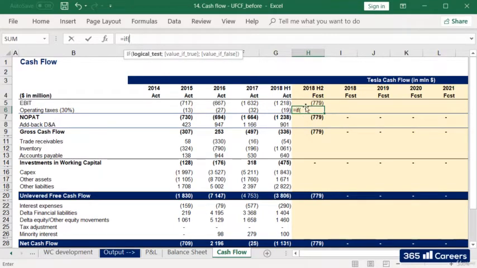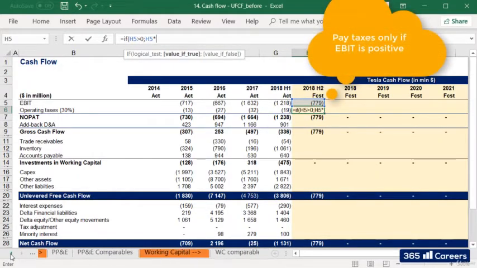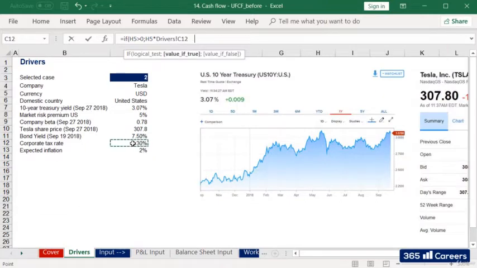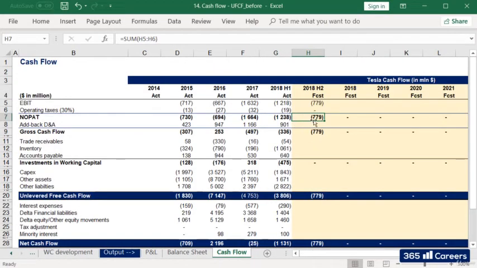However, I'll also have to add a condition, an if function. The company is not going to pay taxes if its EBIT is negative. I can easily model that with if. Taxes will be paid only when Tesla has a positive EBIT. This is how we arrive to NOPAT.